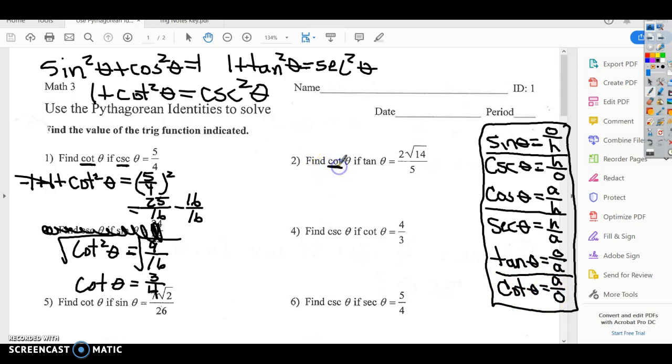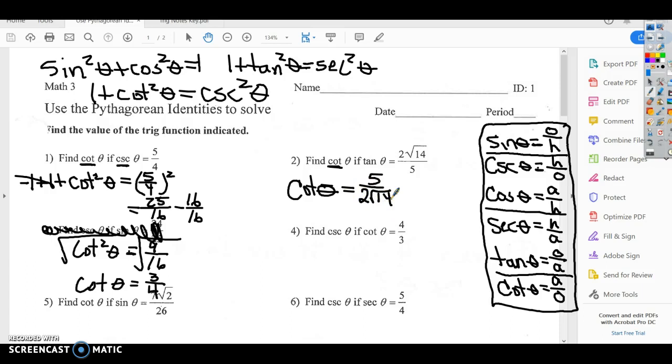So to find the cotangent here, we don't have to use these long identities. We can simply say the cotangent of theta is equal to the reciprocal, so it means we flip this.